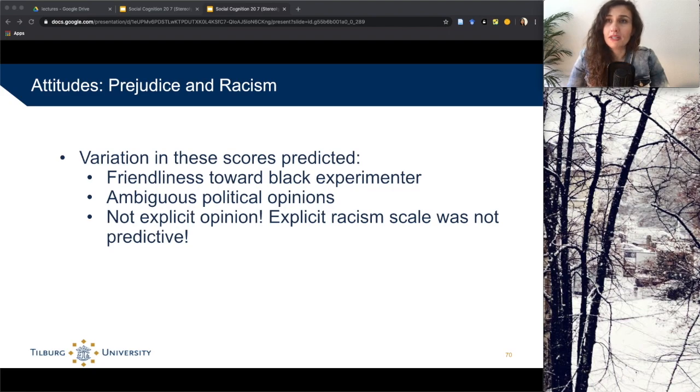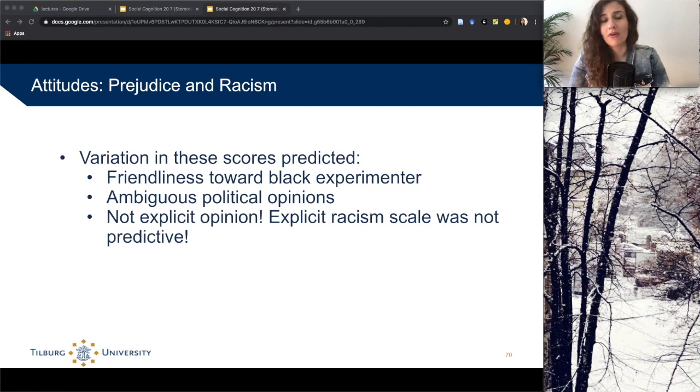Variation in the scores, so how big the difference is between responding to negative words, for instance, when preceded with black versus white faces. Also, in the study that I showed you before, it predicted whether participants would be friendlier to the black experimenter and how they responded to political opinion questionnaires.